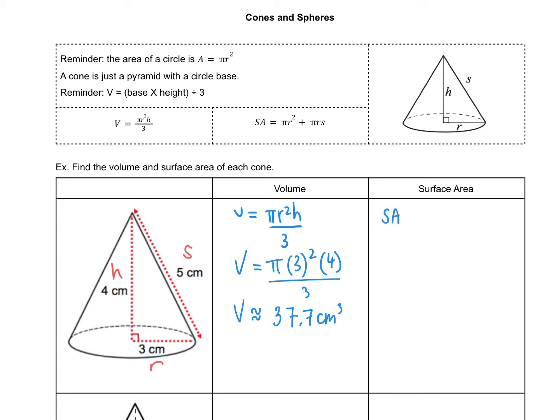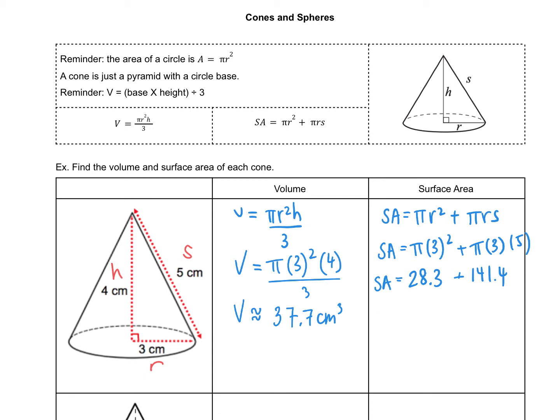Our surface area is going to be pi r squared, so the circle, and then pi rs, that slanted portion. So pi, then the radius is 3 squared, pi, radius is 3, slant is 5. And then we can split this into 2 calculations, or you can even plug this in all at once. So pi r squared is 28.3 roughly, and pi times 3 times 5 is approximately 94.2.